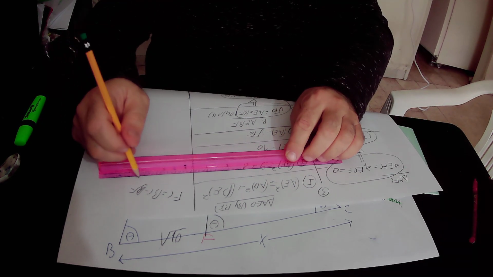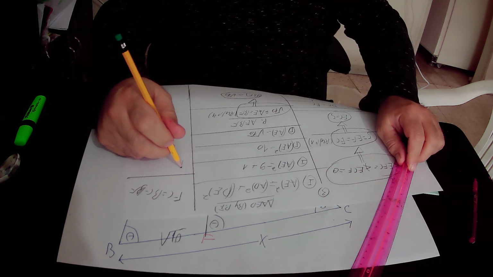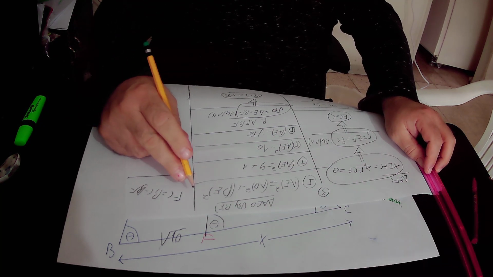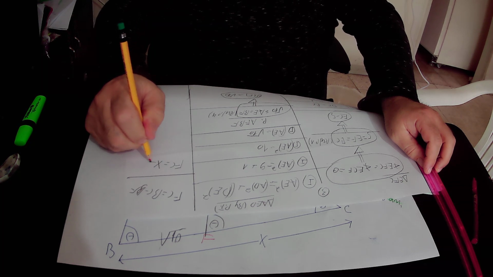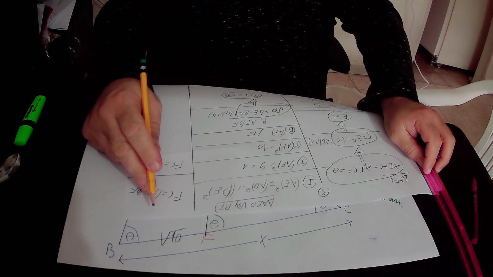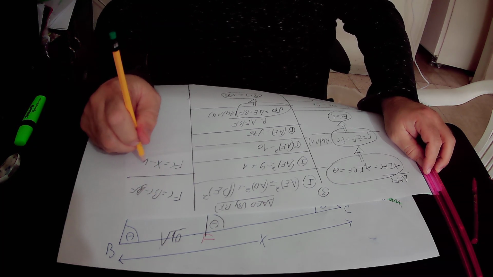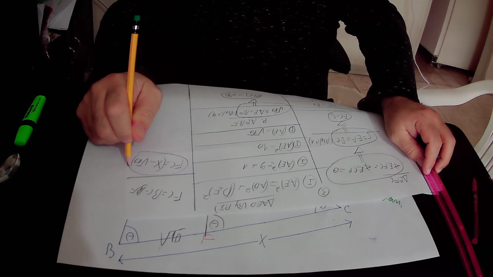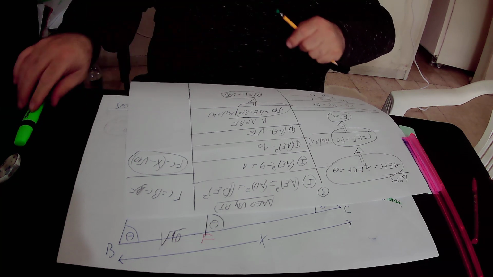So FC equals BC, that is X, according to what is given in the question, minus BF. BF, we just found out, equals the square root of 10 units. So in conclusion, FC equals X minus square root of 10 units.